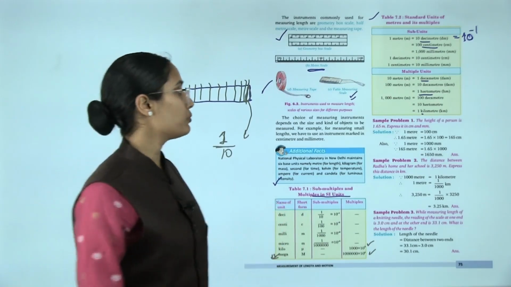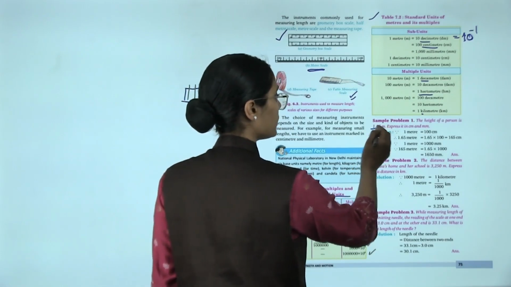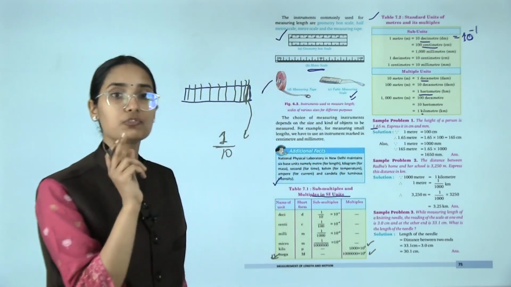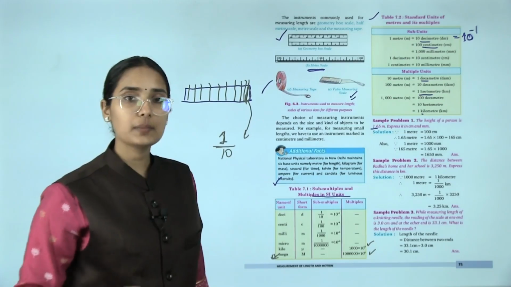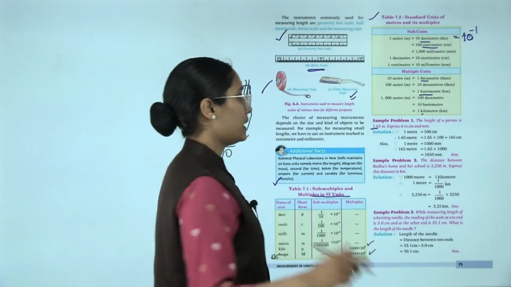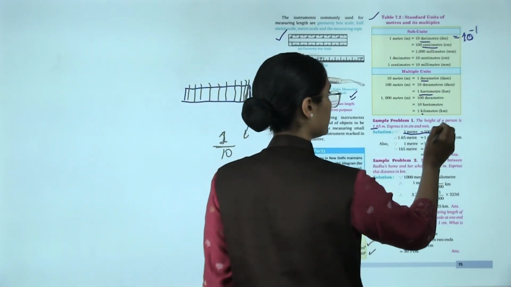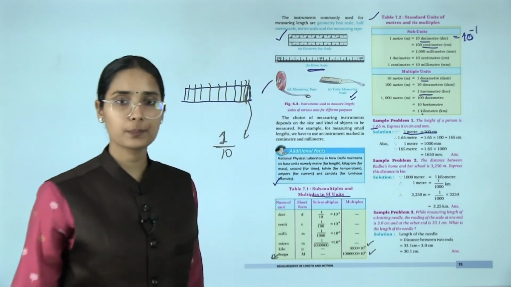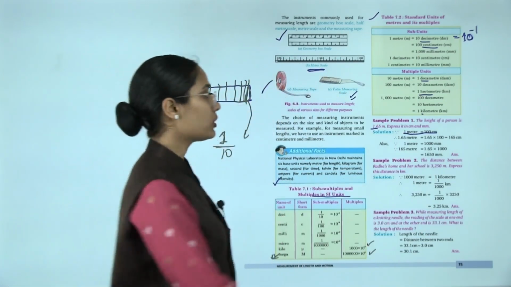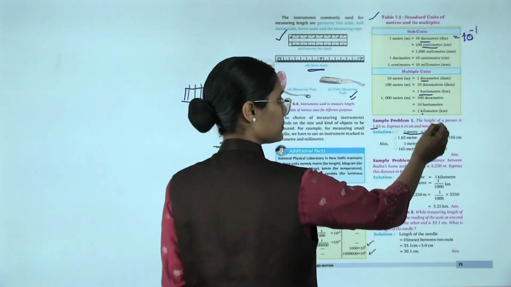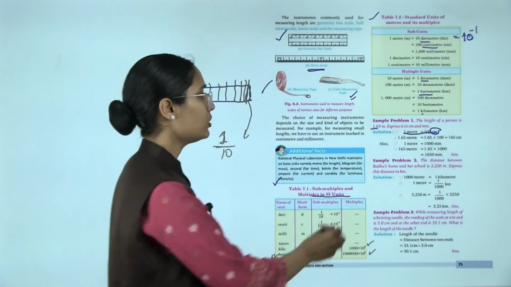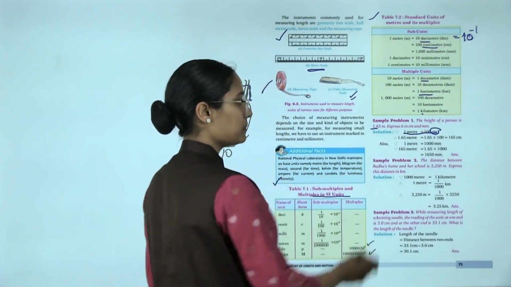So we have 1.65 meter and we have to convert it into centimeter and millimeter. We know that 1 meter is equal to 100 centimeter. Now, we want to convert it into centimeter. Now, 1.65 meter means what?